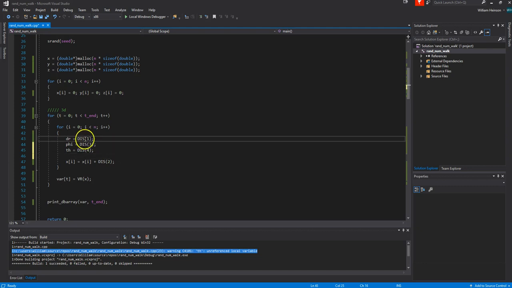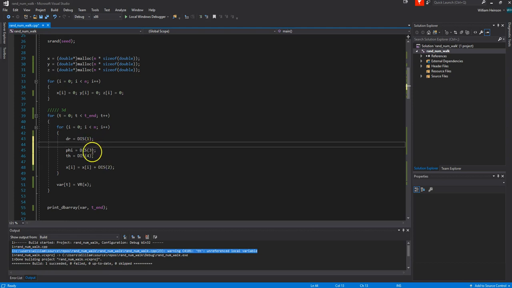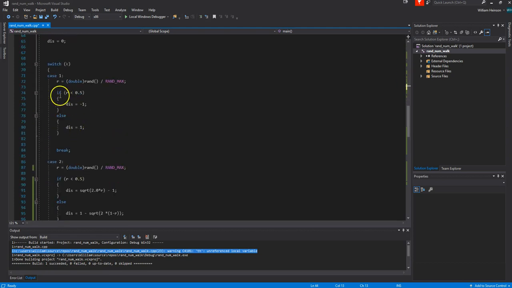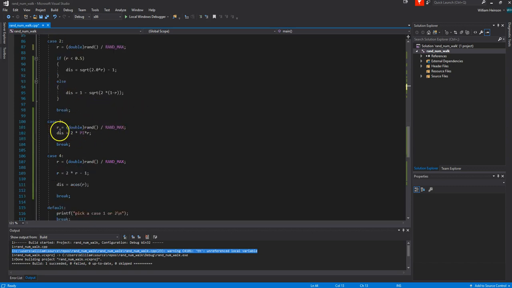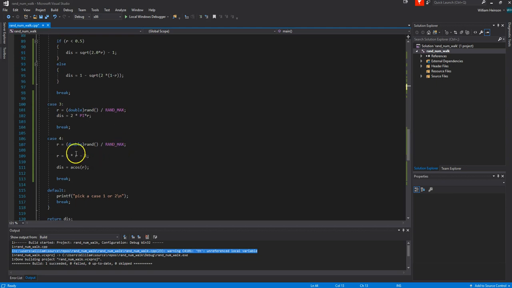So case 1 or 2 is the movement. That's the only thing we have to change, so we'll do that. And so we have case 1 is coin flip, case 2 is sampling our distribution, case 3 is phi, case 4 is theta.